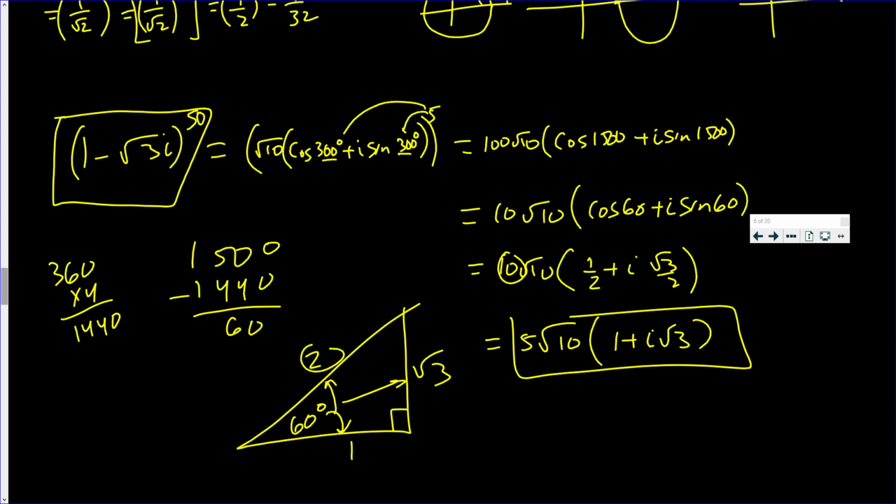Multiplying this angle by 50 and then taking away a lot of 360s wouldn't have been that bad. It wouldn't have been that much harder than the work that I did to go from 1500 to 60. Okay. But this isn't all.